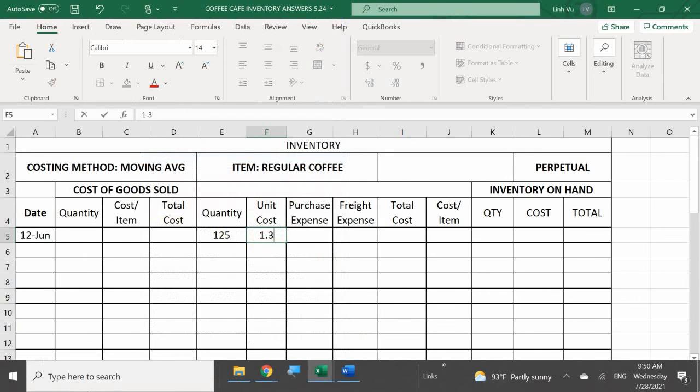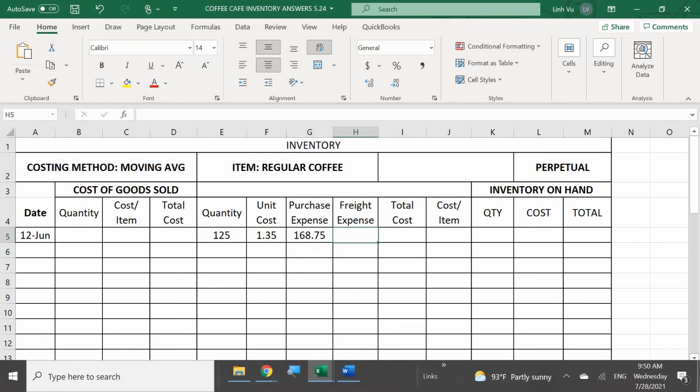So what is my total purchase price? $168.75. Okay?